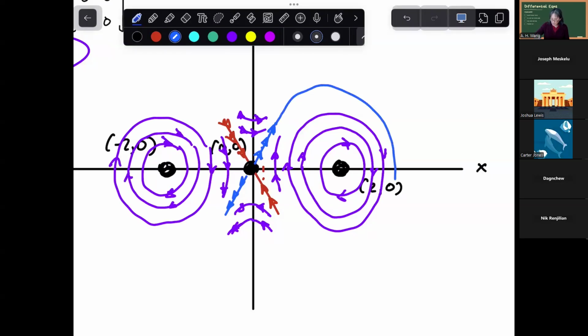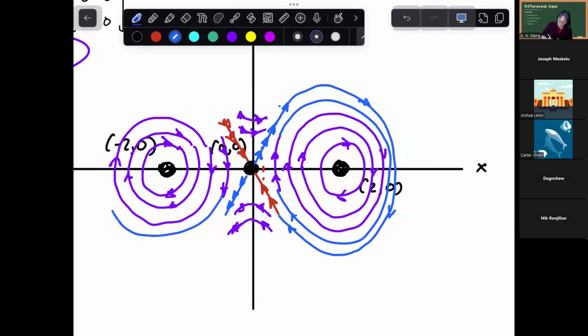And it's going to come around, right? And it's going to be pulled in this way. And same here. So this is going to come around. That wasn't very nice, but you get the idea.